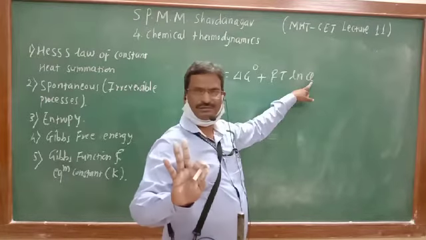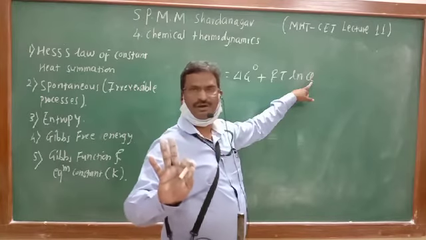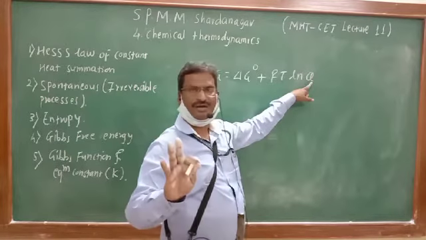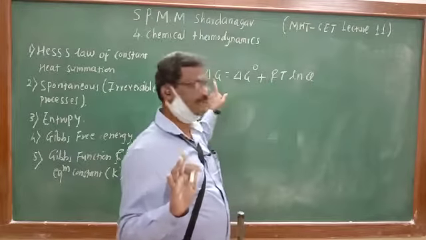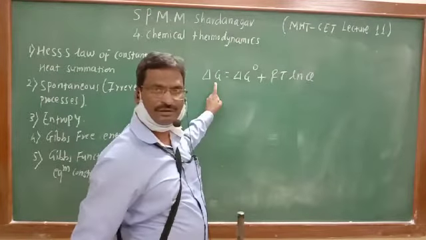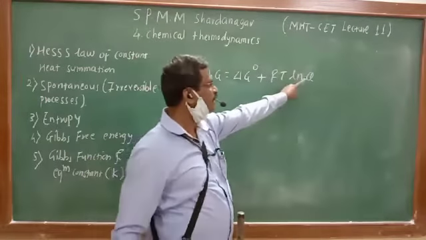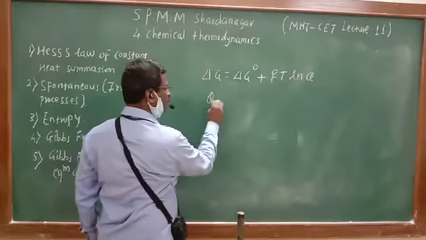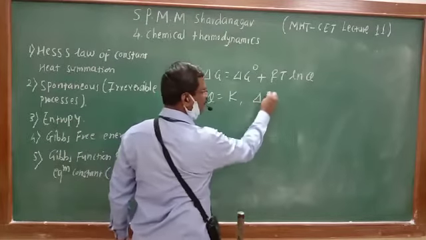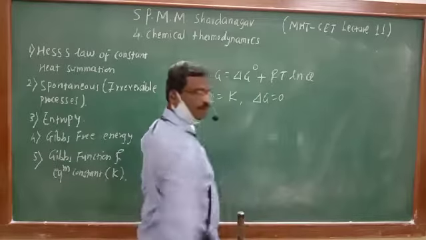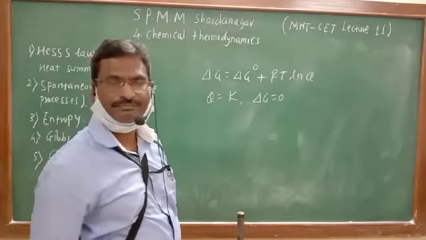Reaction quotient concentrations may or may not be the same as the concentrations at equilibrium. This is the relation. But whenever the state of equilibrium is maintained, at that time the reaction quotient becomes equal to the equilibrium constant, and delta G is equal to 0 because the reaction is at equilibrium.